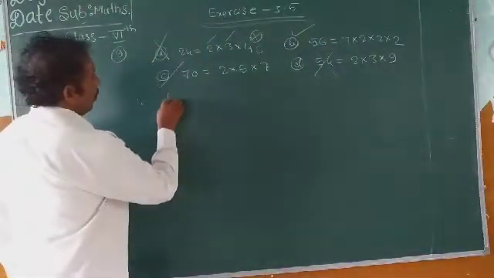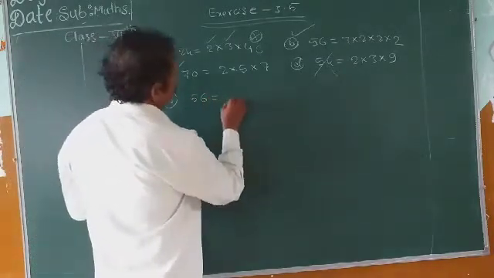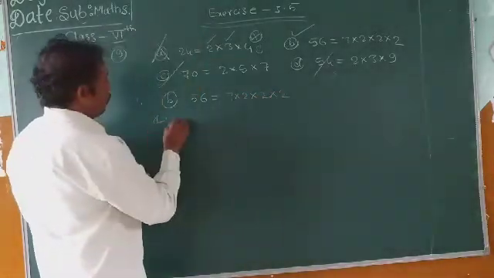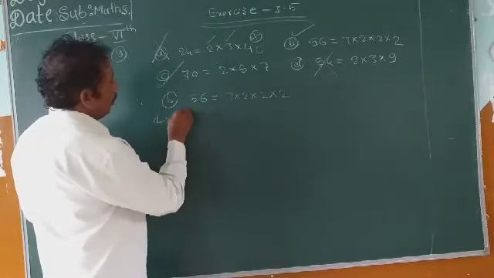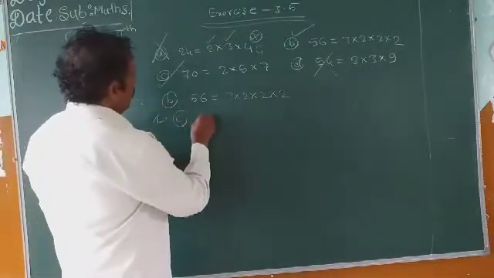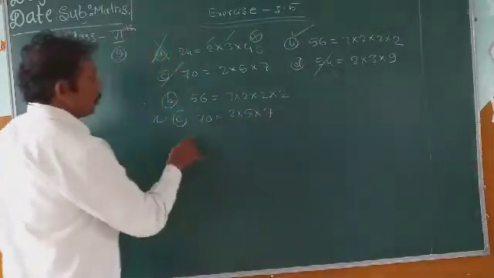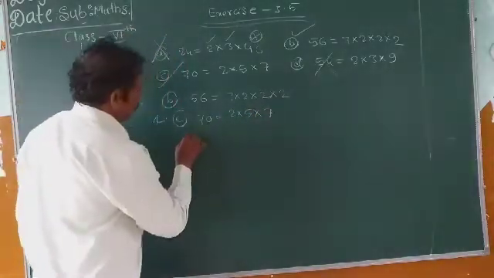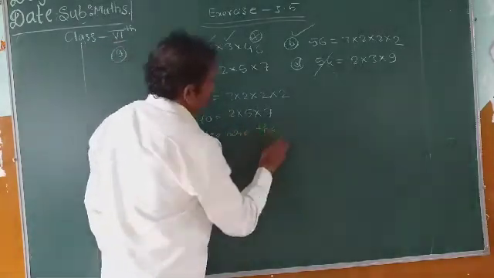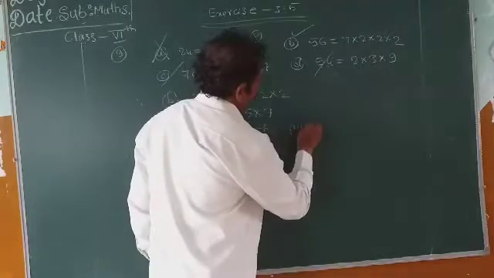Therefore, B, 56 is equal to 7 into 2 into 2 into 2, and question C, 70 is equal to 2 into 5 into 7. These are the prime factorizations.